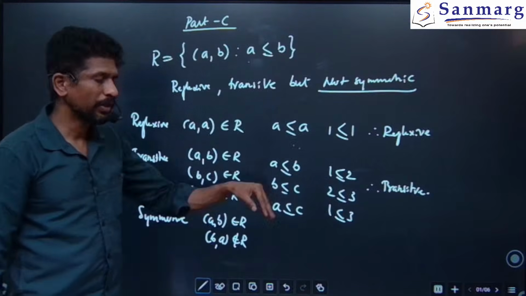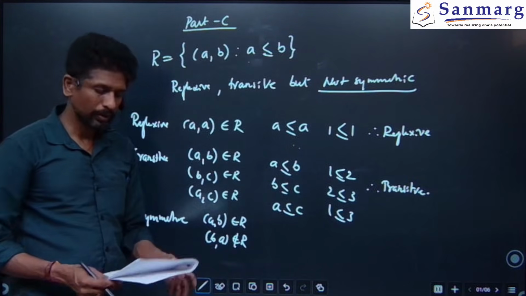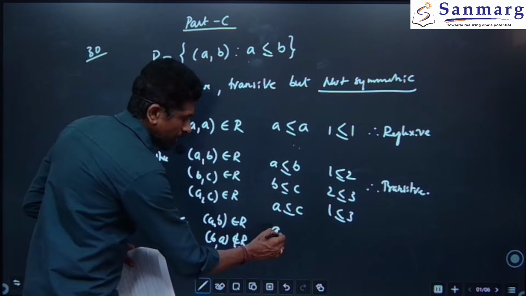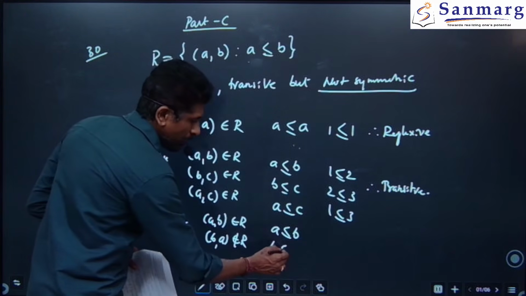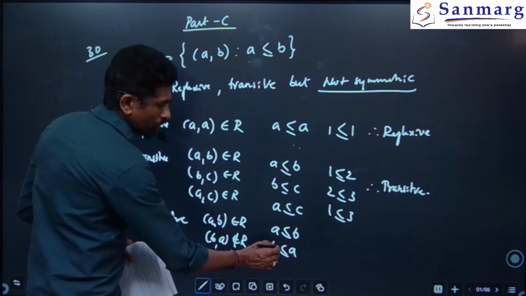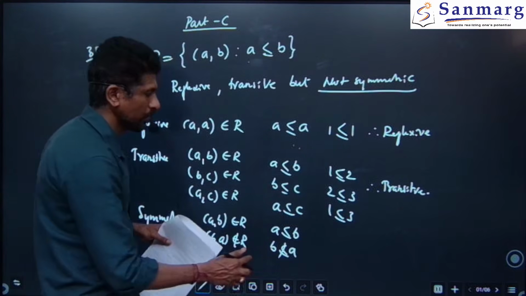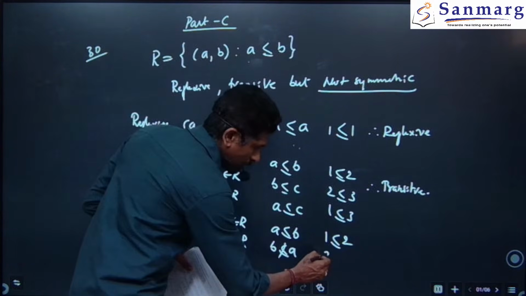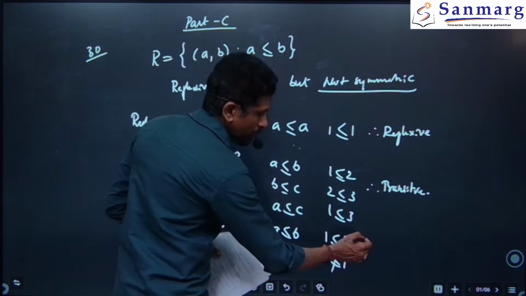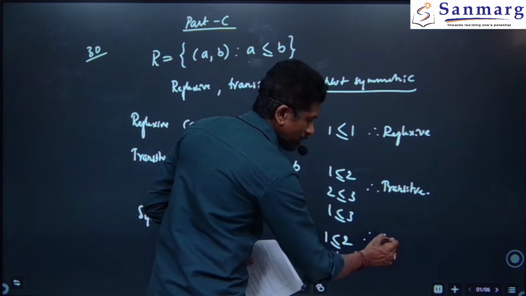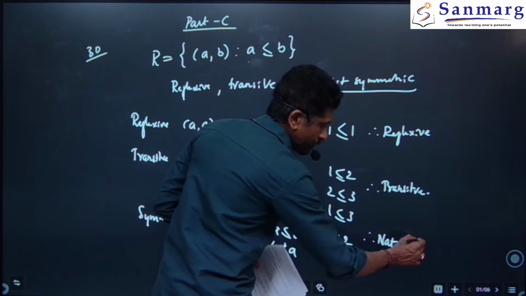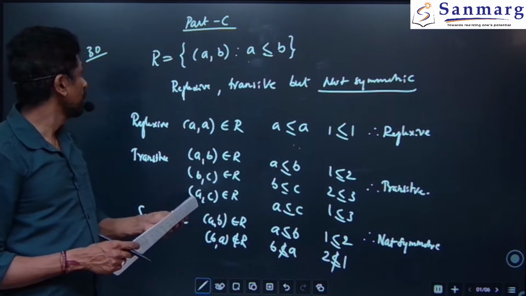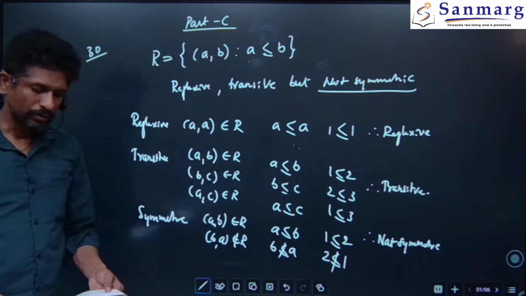If it were symmetric, B comma A would also belong to R. But here we have to prove B comma A does not belong to R. A is less than or equal to B may hold, but B less than or equal to A may not. 1 is less than or equal to 2 is true, but 2 is not less than or equal to 1. So the relation is not symmetric. This way you will get 3 marks in the relation and function concept.